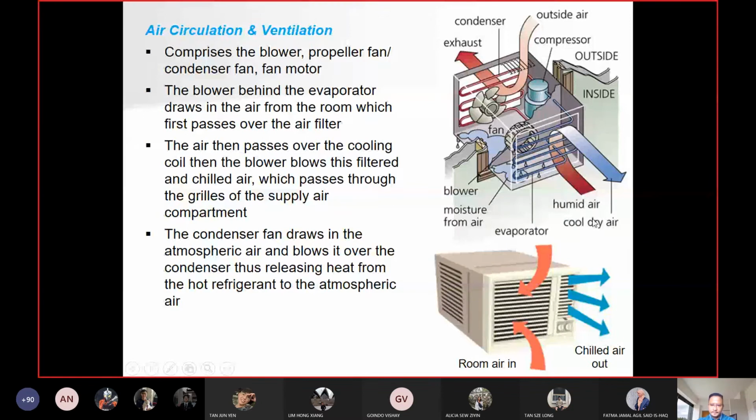When the blower rotates, it draws in, it sucks in the air from inside the room through an opening on the side or in front. It gets into this part, and then it is blown over to the other side, over the evaporator. That's why you can feel the coolness.